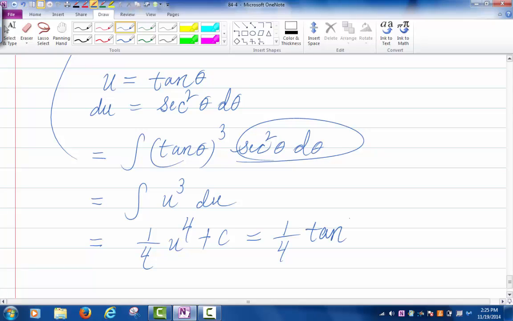Tangent, so tangent to the 4 of theta plus c. Is everybody okay with that? Everybody is okay with that? Any questions on this problem? No?